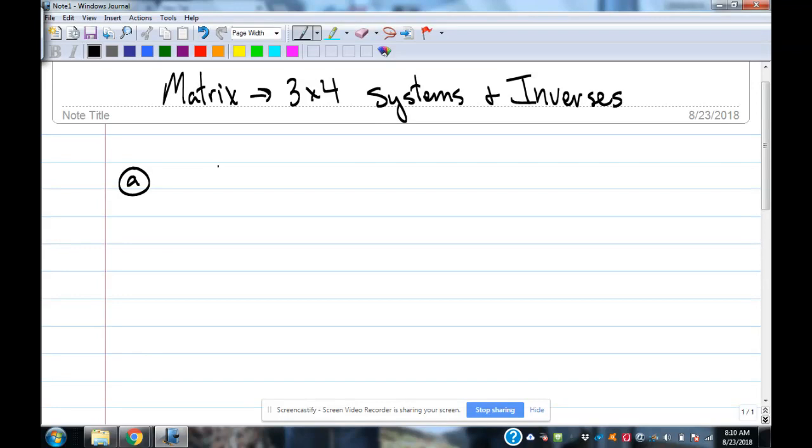All right, so let's take this system, for example. 3x plus 4y equals 18. And then maybe 6x plus 8y equals 18. All right. So what size matrix would we put this into?